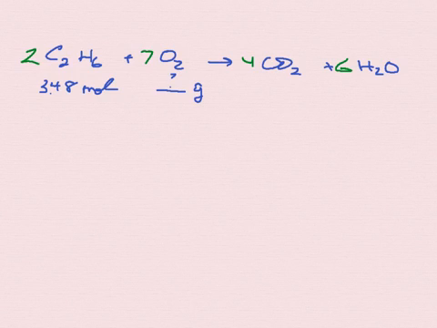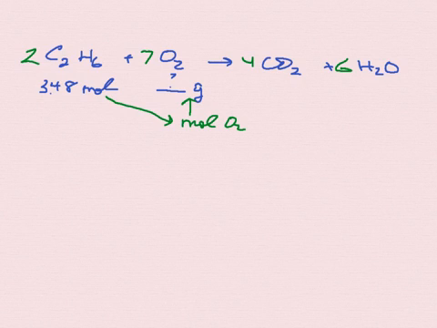That's impossible. But I can convert from moles of ethane to moles of oxygen, and then I can go from moles of oxygen to grams of oxygen, because that has a molar mass. This is a two-step question, and I'm required to know before I start the molar mass of oxygen.